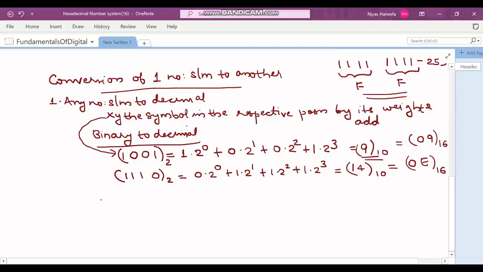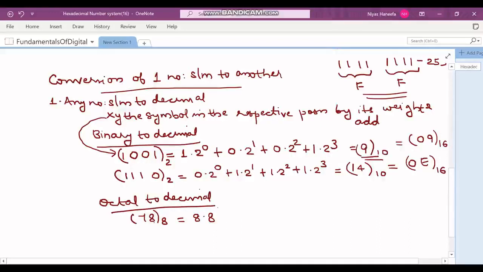So you want to convert octal to decimal. Suppose you have a number 78 whose base is 8, and you want to convert that to decimal. So 8 into 8 raised to 0. Like I mentioned, multiply the symbol.